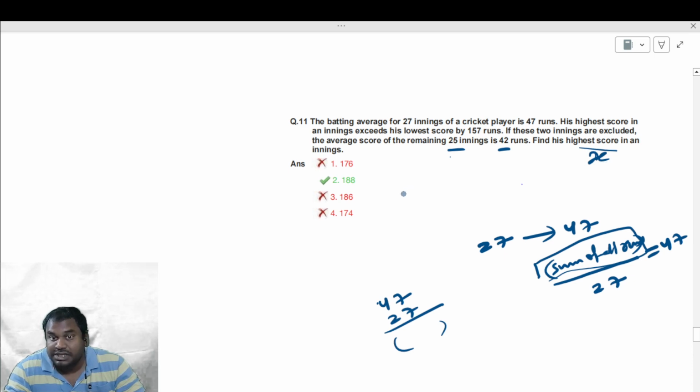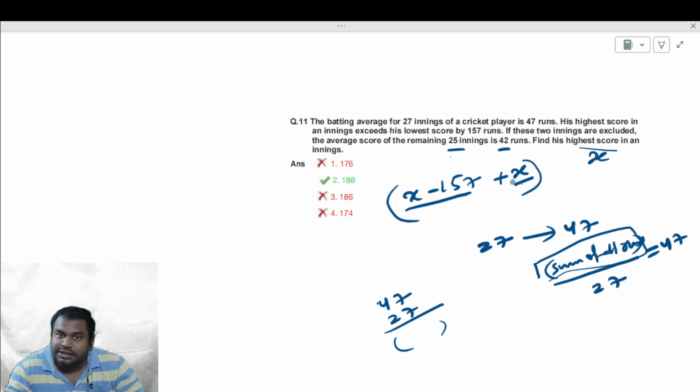What would be the least score? x minus 157. If you add these two things and the remaining 25 innings, 25 into 42, you will get 27 into 47.